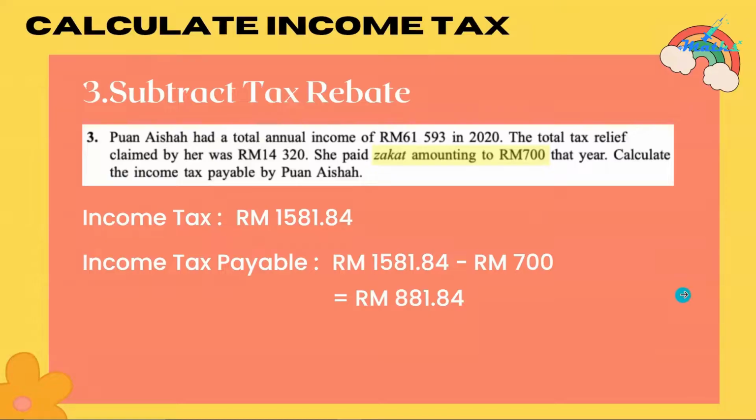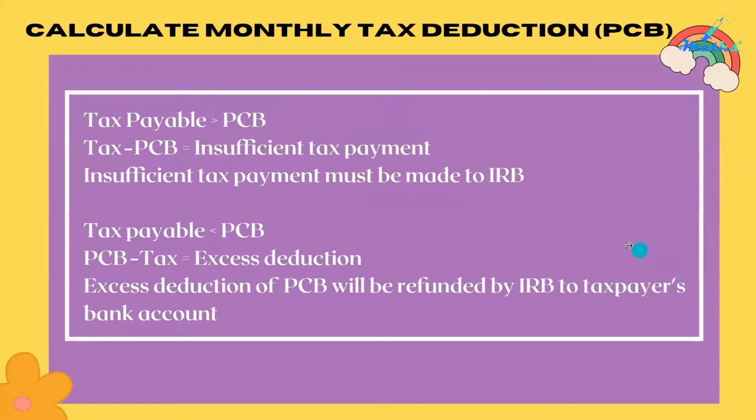Next will be the monthly tax deduction, which is PCB. If the tax payable is more than the PCB, then the insufficient tax payment is the tax minus the PCB, and this tax payment must be made to IRB.